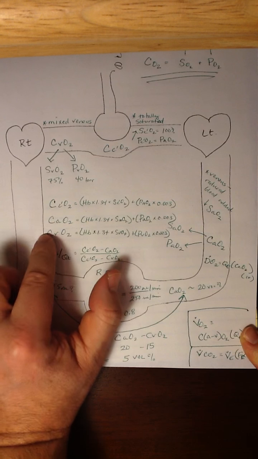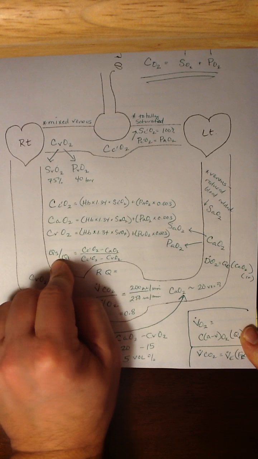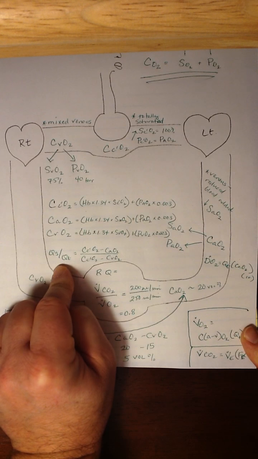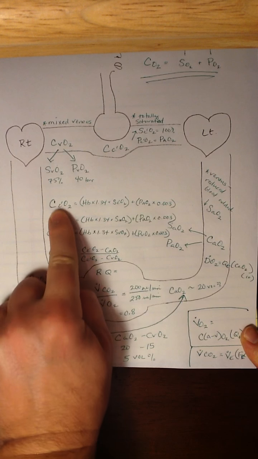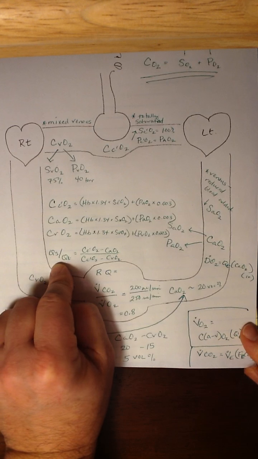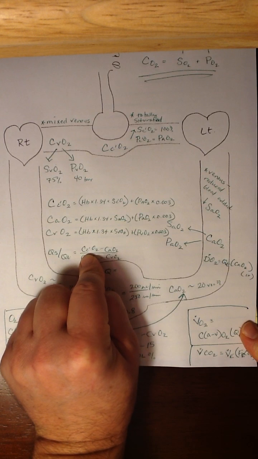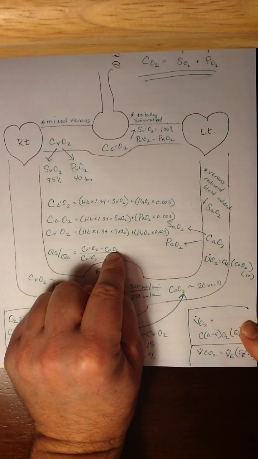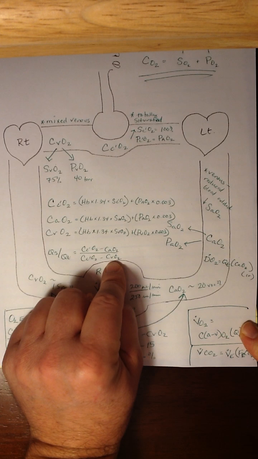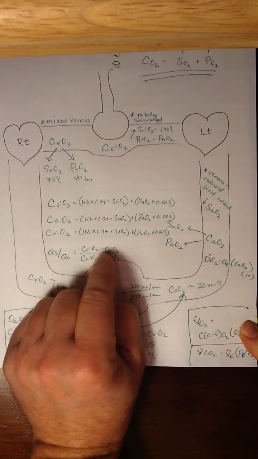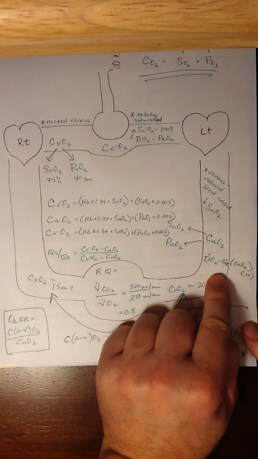So if I can solve these three equations, I can determine shunt. Shunt's an oxygenation problem, so it's no surprise that we're using oxygen formulas to determine shunt. So shunt again is CcO2 minus CaO2 in the numerator over CcO2 minus CvO2 in the denominator. And we'll practice that in a subsequent unit.